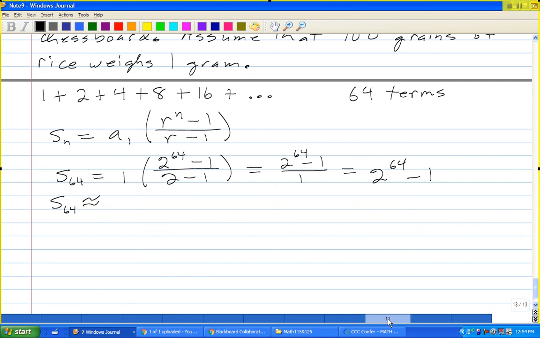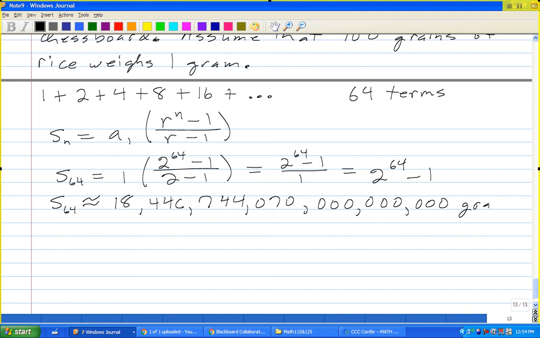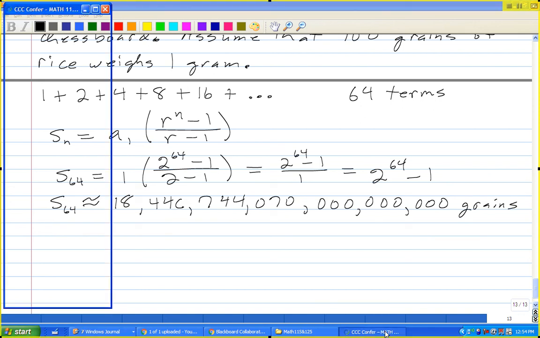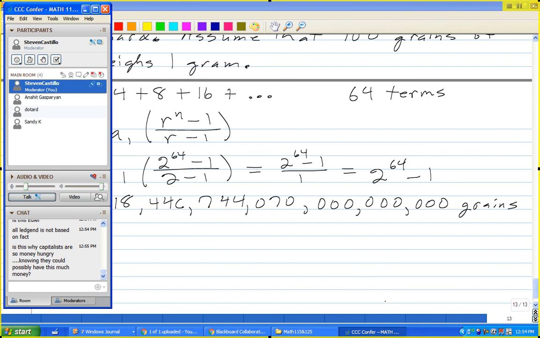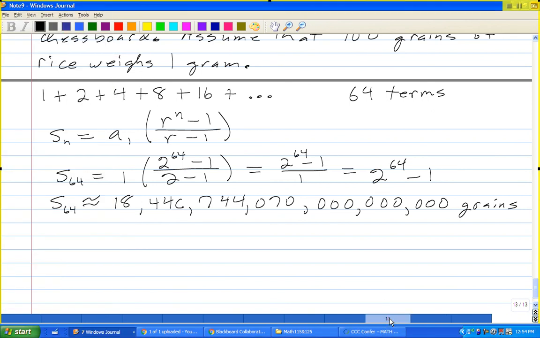So 2 to the 64, it's approximately 070 grains of rice, approximately. Okay. And so it's going to be much more than that, by the way.